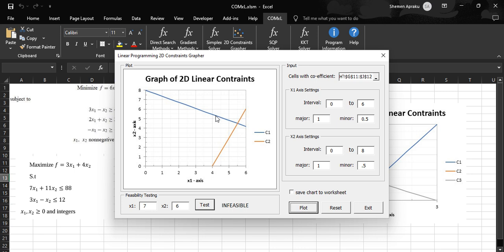We test those points first to see if any will give us the maximum. The reason being that the points at the ends of the constraints are much higher points than the points below the constraint or inside of the constraints. That is the 2D constraint grapher with the COMxL.